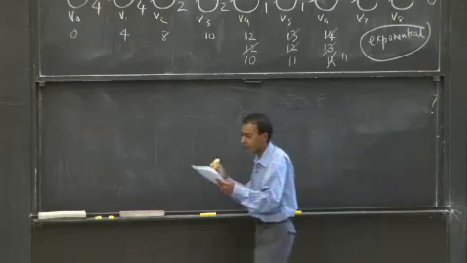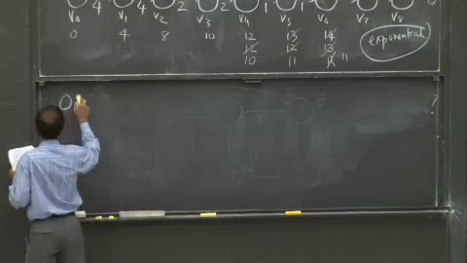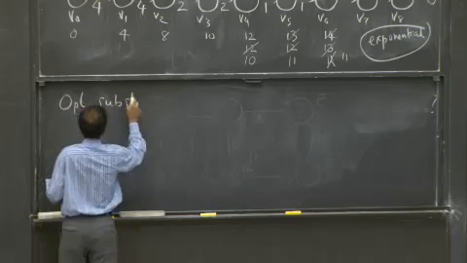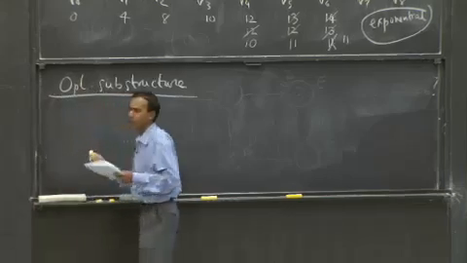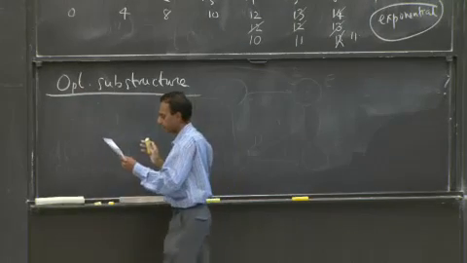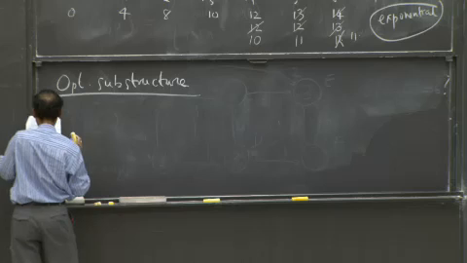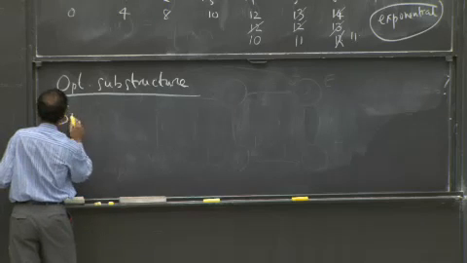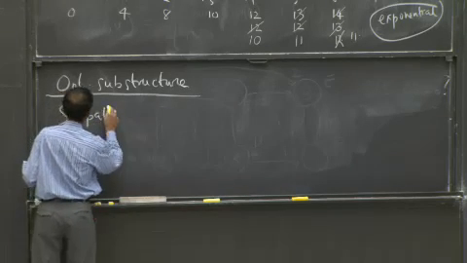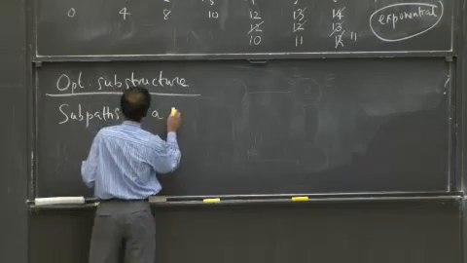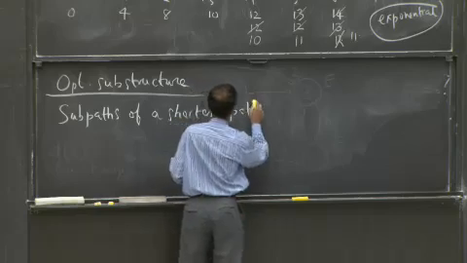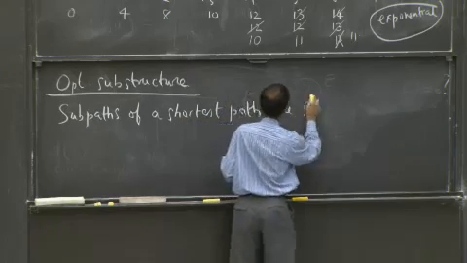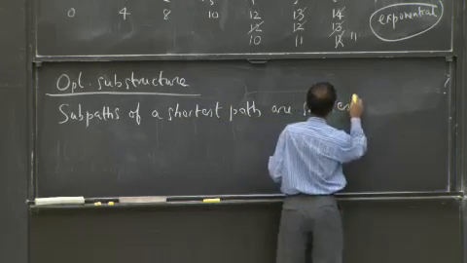Okay, and so I leave you with this very simple notion of optimum substructure using two very simple theorems that you can prove in literally a line of text. The first one says that subpaths of a shortest path are shortest paths.